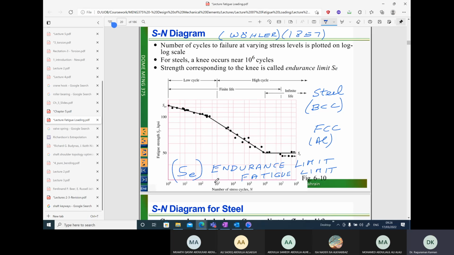If we want to use the stress life method in this region, there is also an empirical relationship between the amplitude of stress and the number of cycles to failure. So there are two sets of equations we will see for life prediction later for these two regions. Below this, we have infinite life. We don't need to predict any life, and we don't need any equation because it is infinite life.